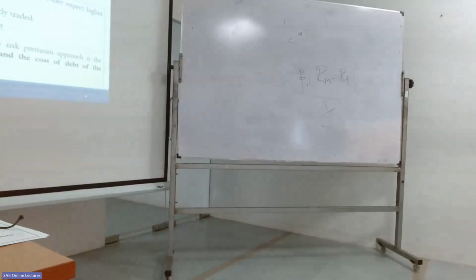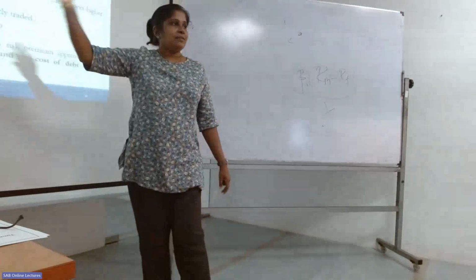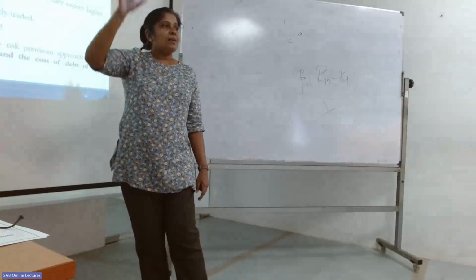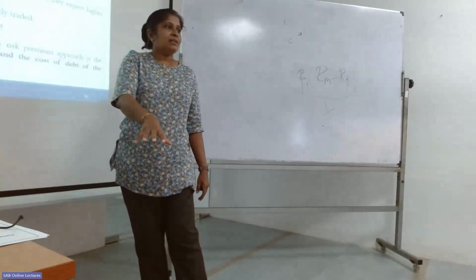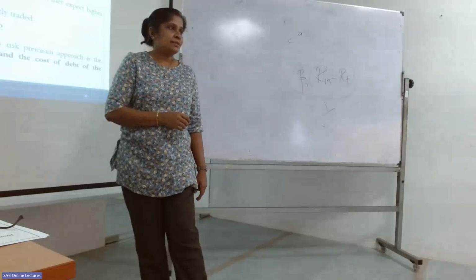That difference in the hotel industry we consider here as an extra risk premium. To this bond yield, we add that extra premium. On that basis, we estimate the cost of equity. This is a very simple, undeveloped method, but still you can apply it for unlisted companies.